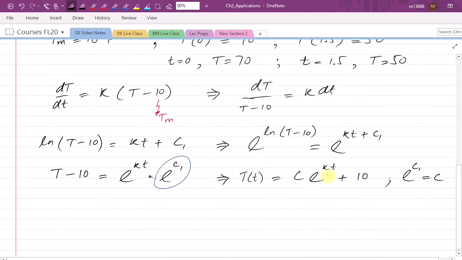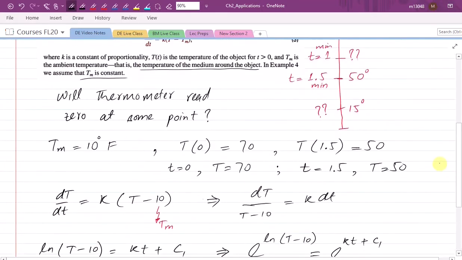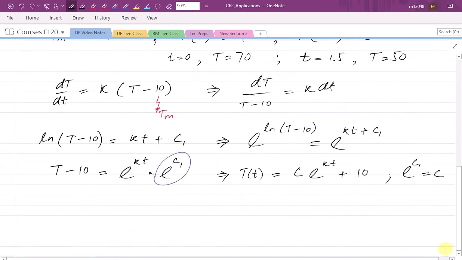We have two unknowns, c and k. We don't know k and we don't know c, but we do know two conditions, and they will help us find c and k. So let's use them one by one.